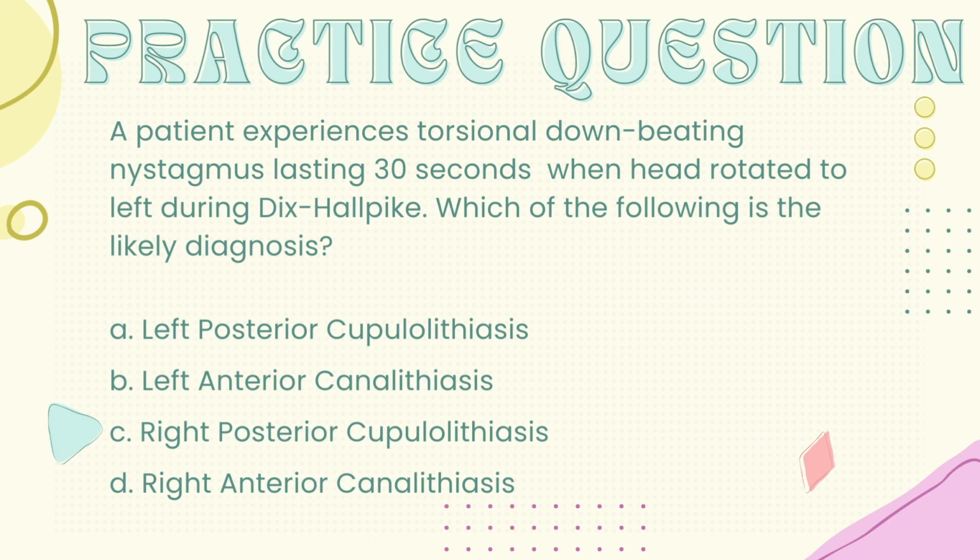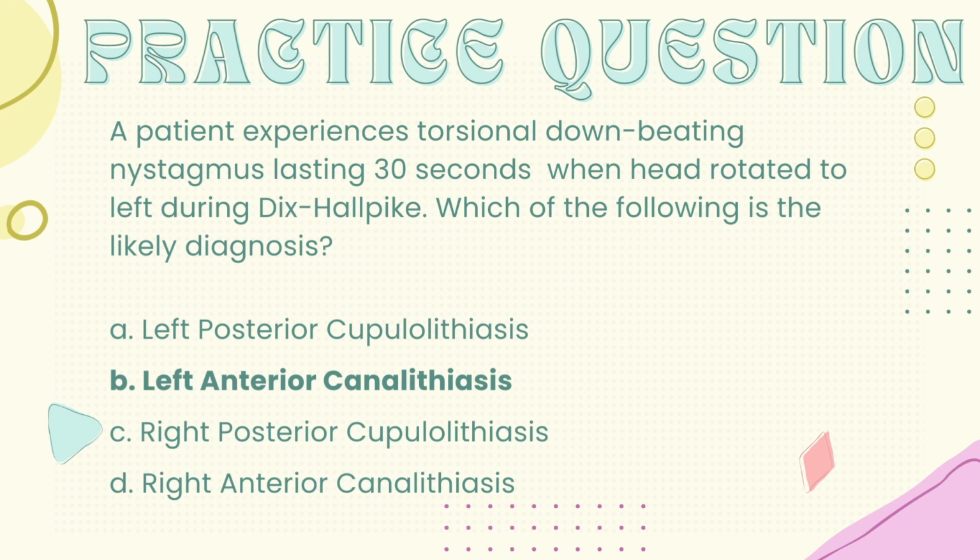That means it is indicating canalithiasis, not cupulolithiasis, because it is less than 1 minute. And what is the side of involvement? It is positive when the head is rotated to the left during Dix-Hallpike, so that indicates left involvement. Putting that all together, we think that it is left anterior canalithiasis. So B is the correct answer.